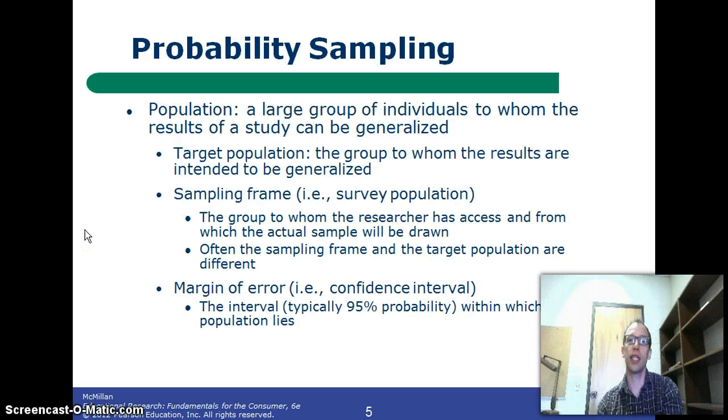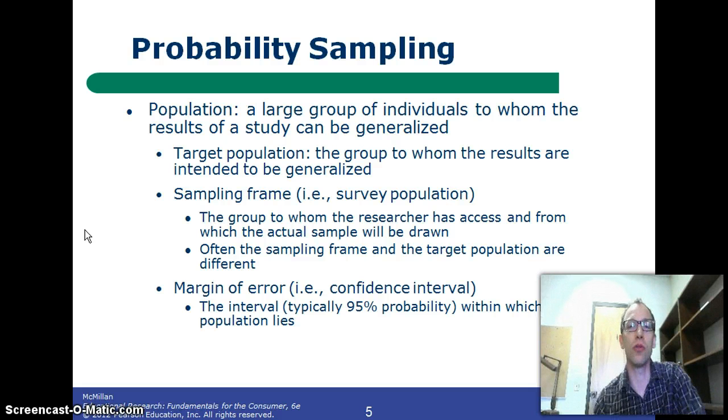So in quantitative studies, we often do what's called probability sampling. This allows us to make a claim that whatever we found in our sample group, we have a rough idea of how well that can be generalized out to the population.